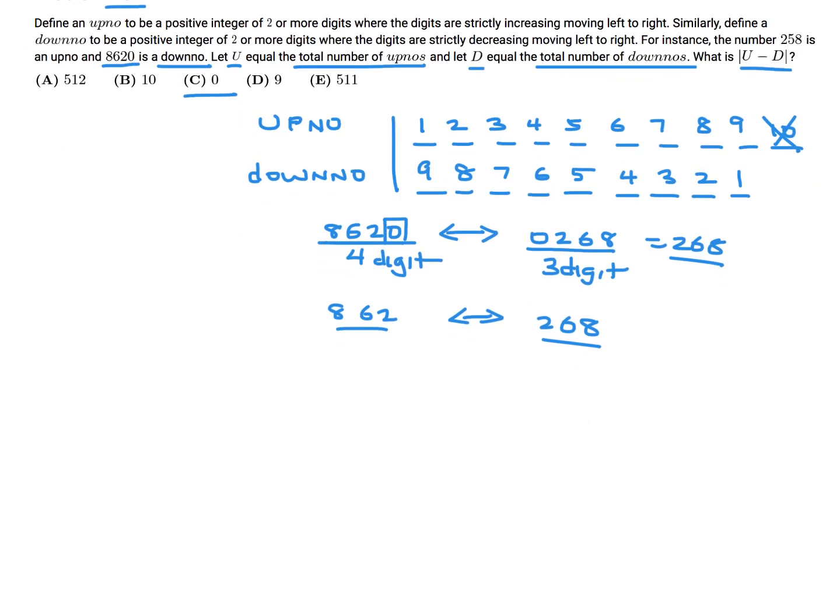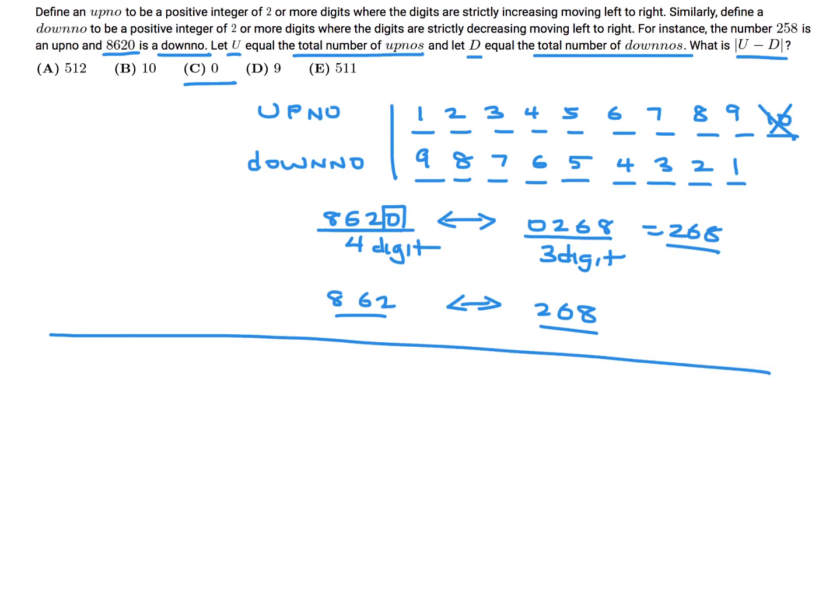Okay. So now I have to figure out how many of those numbers have a 0 at the end. Well, the maximum it could be is 9, right? So 1, 2, 3, 4, 5, 6, 7, 8, 9. And we want a 0 at the end. And then we've got to count how many of those.